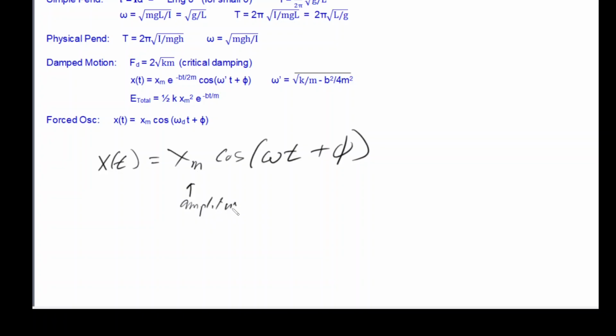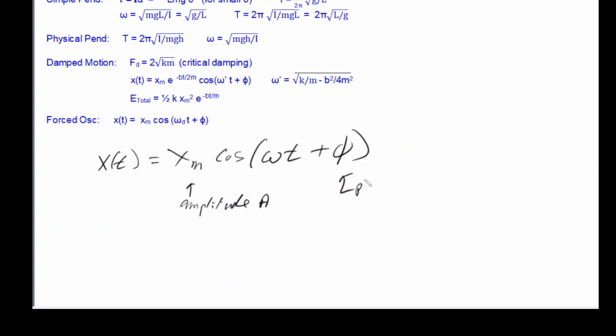The cosine equation that describes simple harmonic motion as a function of time is as follows. x at time t is equal to xm, which is the amplitude, which sometimes in a formula is written as A, times the cosine of omega t plus phi, where omega is the angular frequency of the oscillation, t is time, and phi is the phase angle.